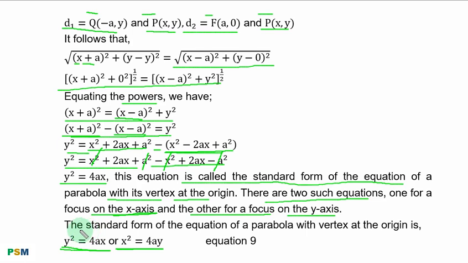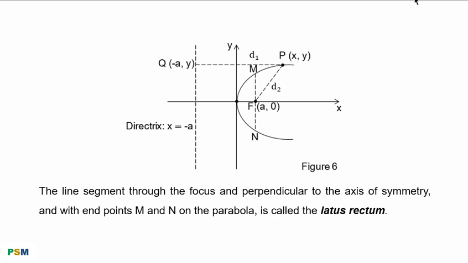The standard form of the equation of a parabola with vertex at the origin is the first equation with focus on the x-axis, or this other form with focus on the y-axis.